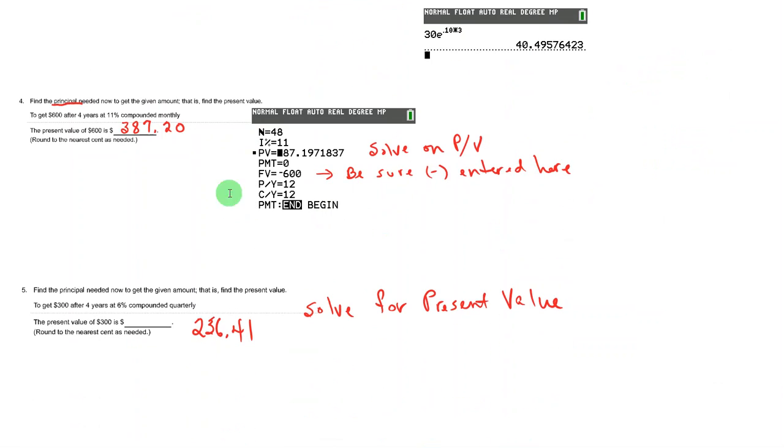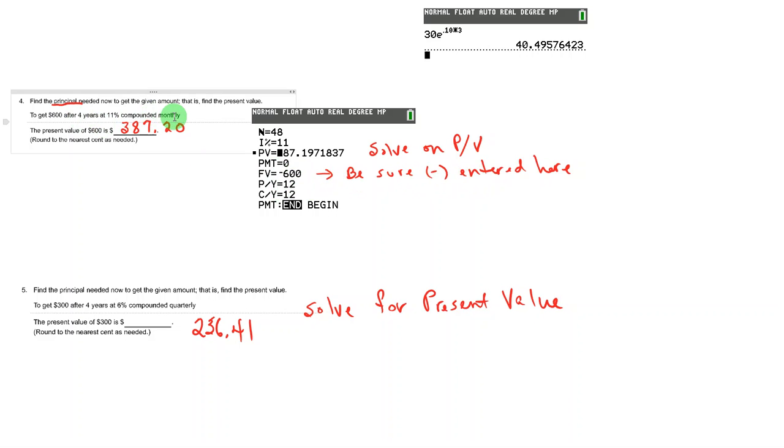Okay. All right. Now I've put screens for most of these others. You're looking for the principal, so you can still use the app. It's really nice. You want 600. We're going to put 600. We're going to put a negative in because we know that it spits out a negative there. So let's put that in. It's 4 years compounded monthly.